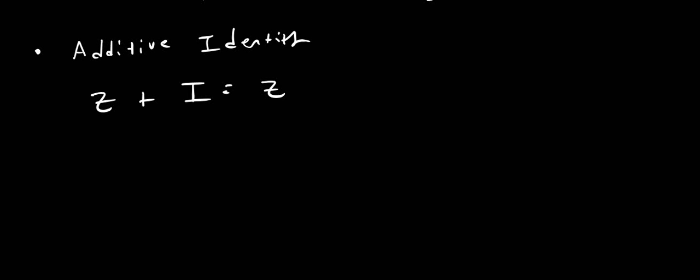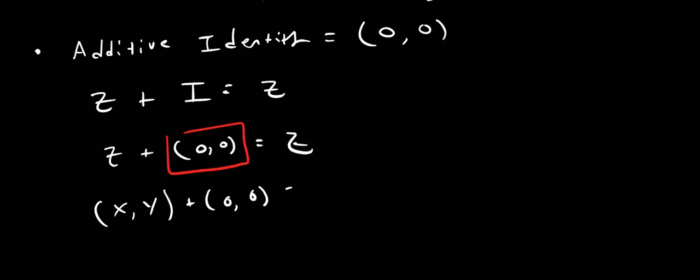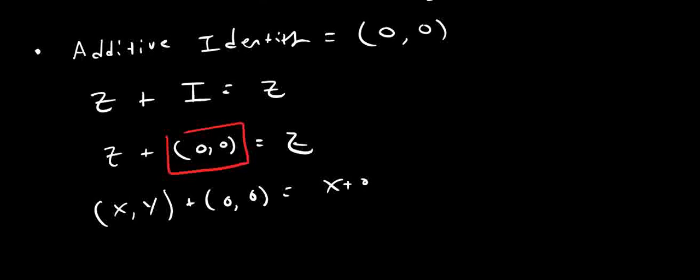And in this case, that's also true. So z plus 0 is equal to z. This right here is the additive identity, because this doesn't change the value of x or y. You see? So it doesn't change the values of anything.